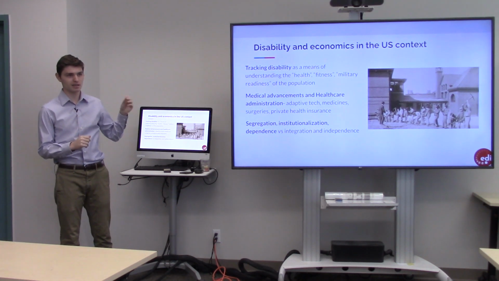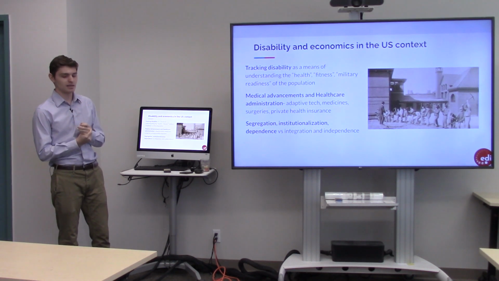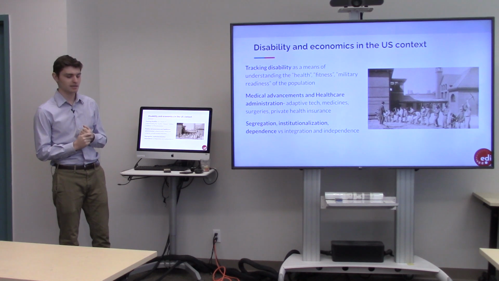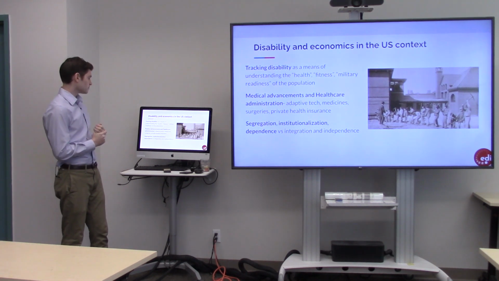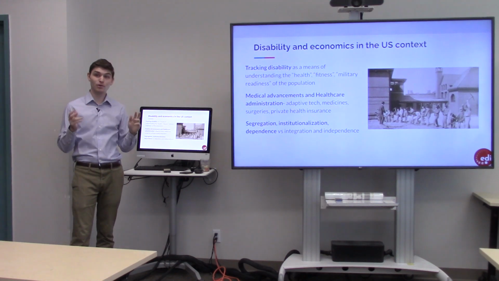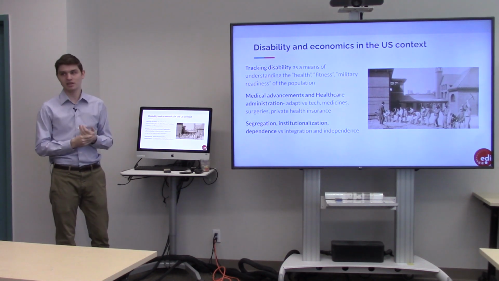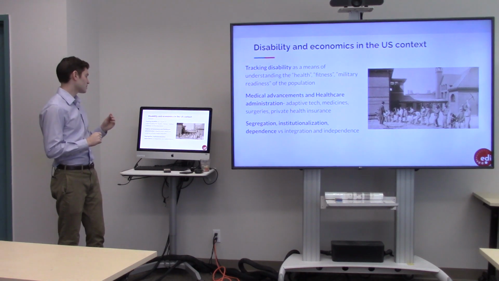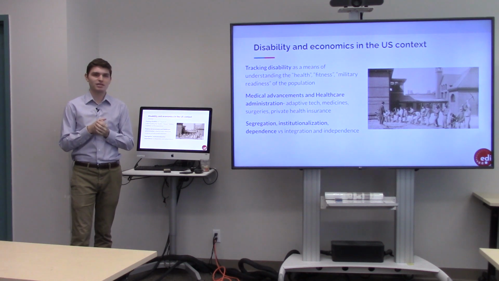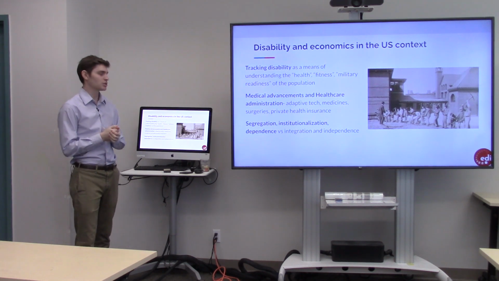Even earlier in some of the colonies, Massachusetts, for example, very early had measures of disability in their data collection. And that's a way of understanding the health or the fitness or even the military readiness of a population.